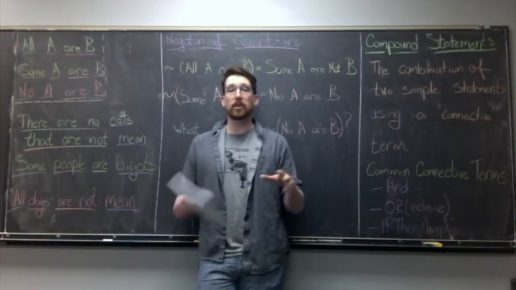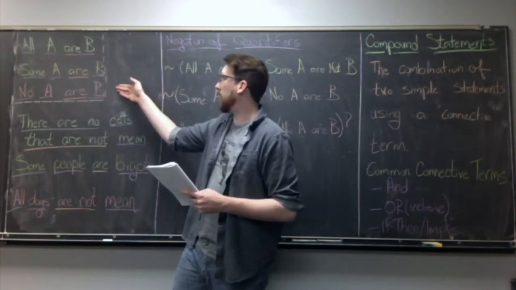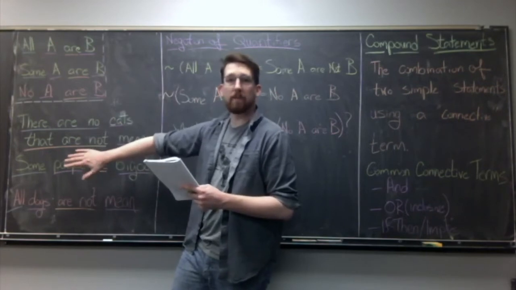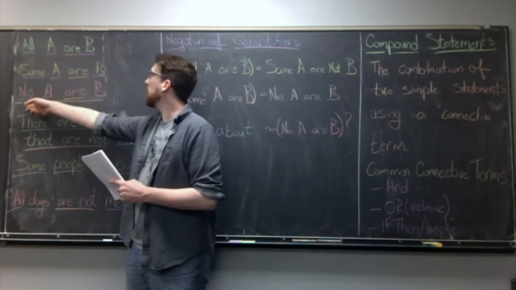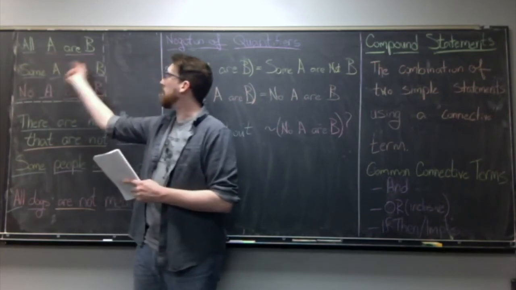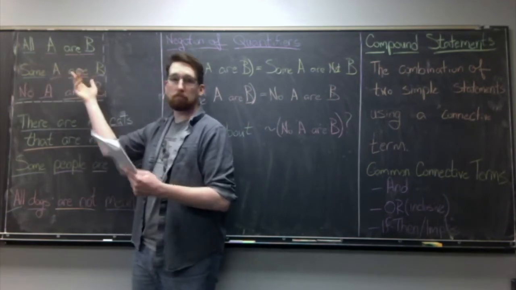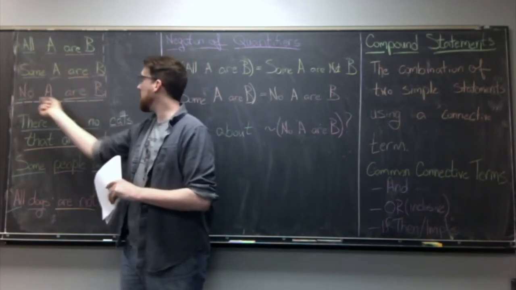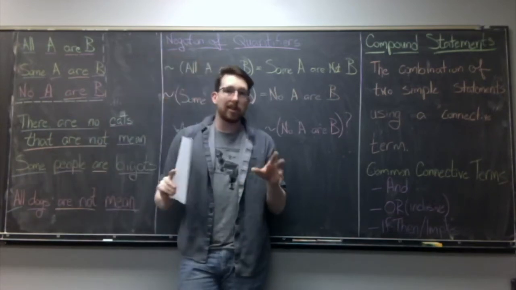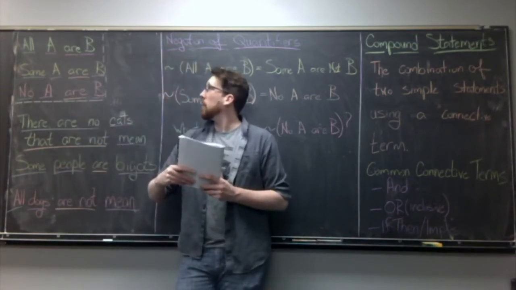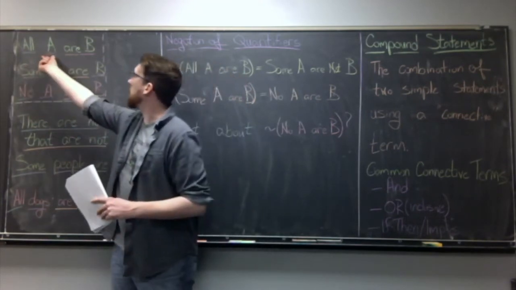For a couple examples here, I've got 3 generic examples of quantified statements and then 3 more specific examples. In these first 3, we've got all A are B, some A are B, no A are B. Because these are general examples, we can make A be whatever we want.